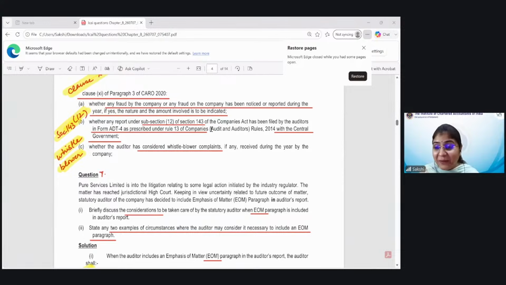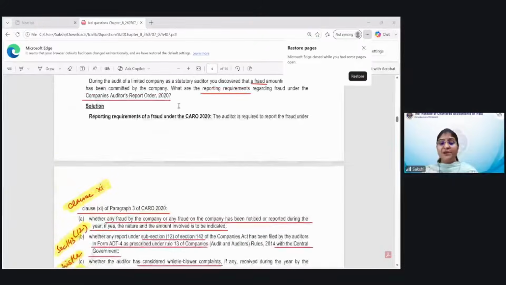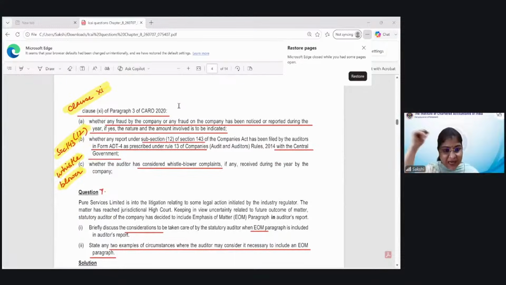A whistleblower's complaint is when the auditor gets to know about the fraud by or on the company through another source, when some person within the entity complains about the fraud to the auditor without coming into the picture. Do you all remember these things? So for this question under fraud, you have to remember clause 11, section 143(12), ADT 4 and whistleblower. Clear to everyone? Sumedh, is it clear?